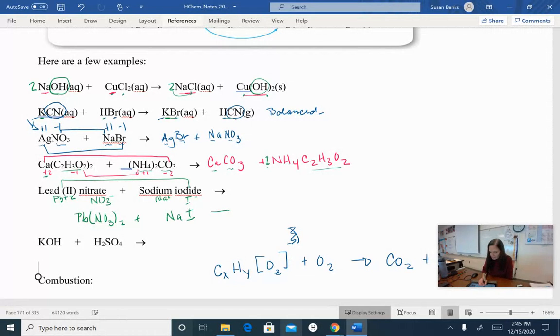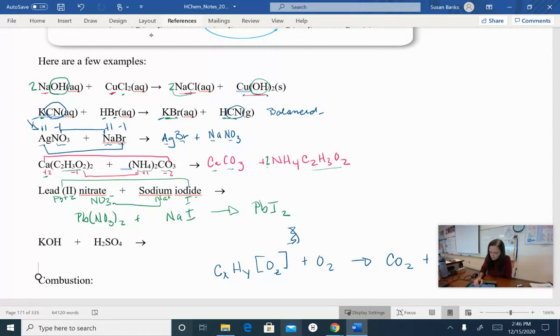And if lead is a positive 2 and iodide is a negative 1, I'm going to need what ratio? Did you say 1 lead and 2 iodide to get it to add up to 0? Hopefully you did.